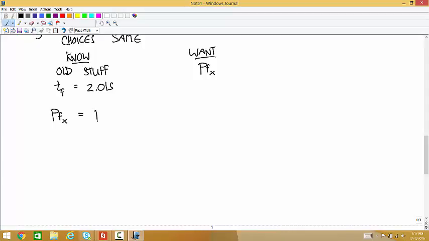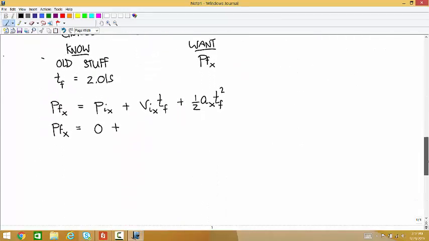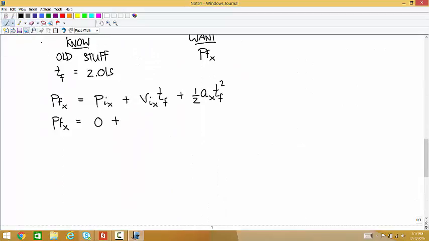PFX is equal to PIX plus VIX TF plus 1/2 AX TF squared. So PFX is equal to 0 plus VIX was 14.1. So plus 14.10 times 2.01.